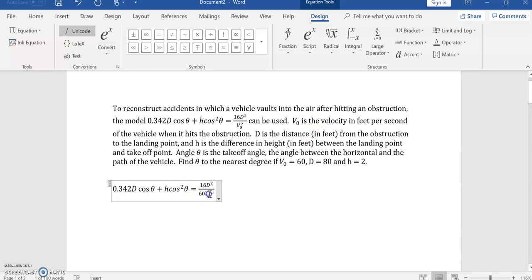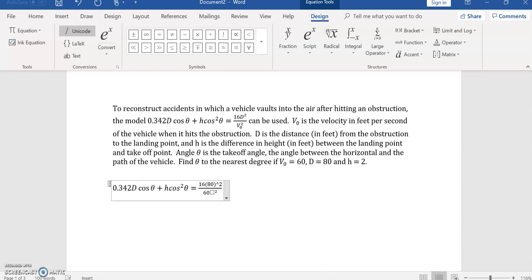There's a squared there. And then here, this is 80, squared. I give up on it working.